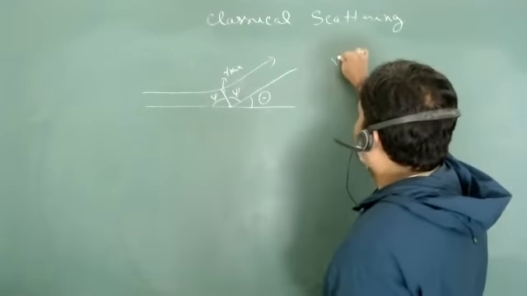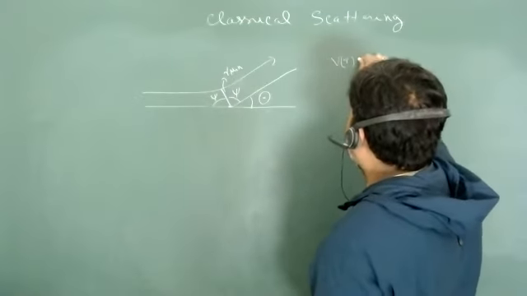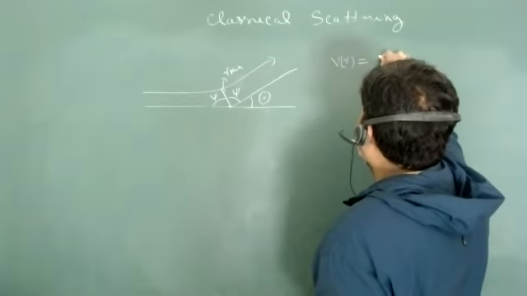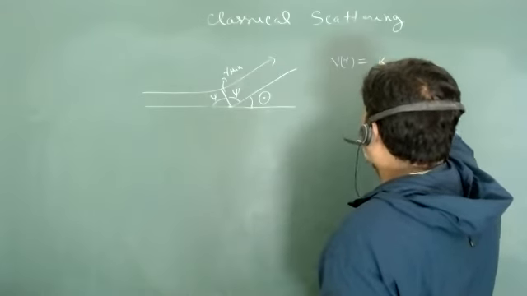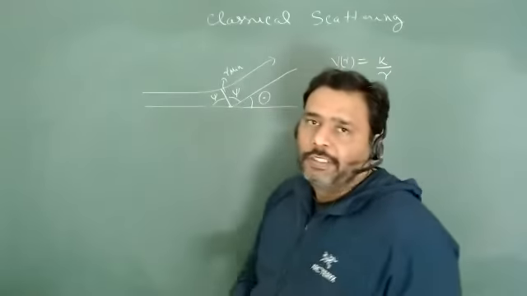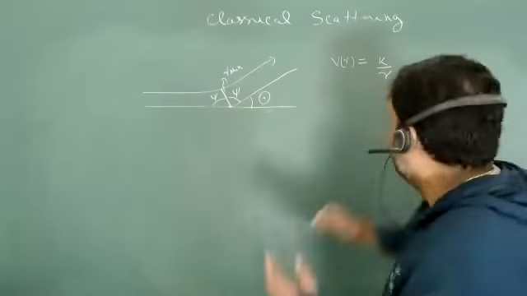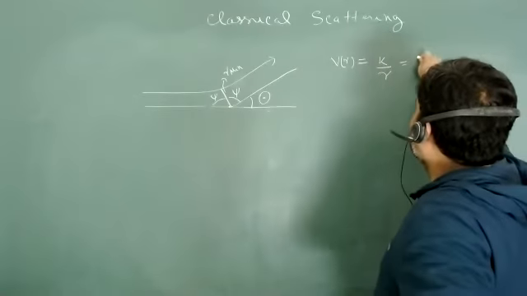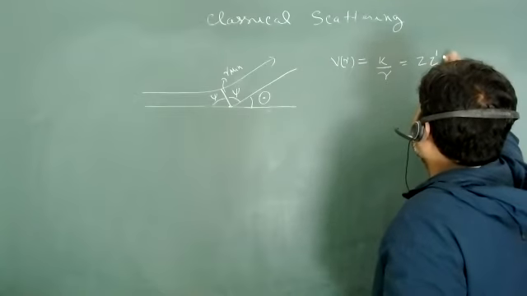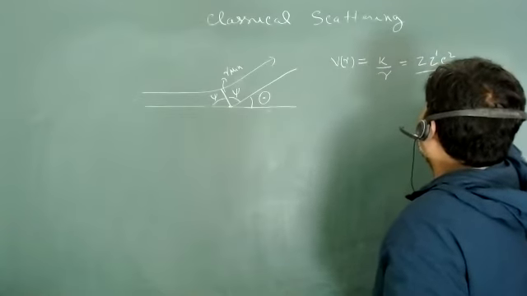Okay. For the Rutherford scattering, V(r) is nothing but k upon r. This is positive one. So this is repulsive potential, isn't it? So Rutherford scattering is for repulsive potential. And what is k? You can write Z'Ze² upon r.